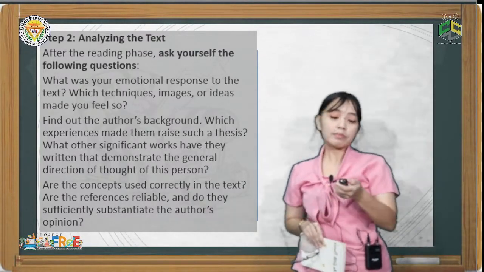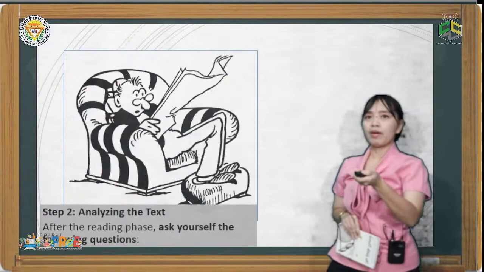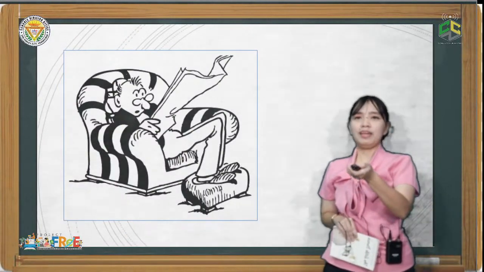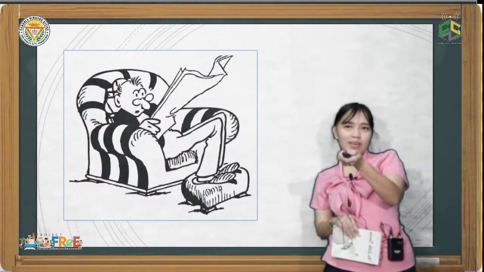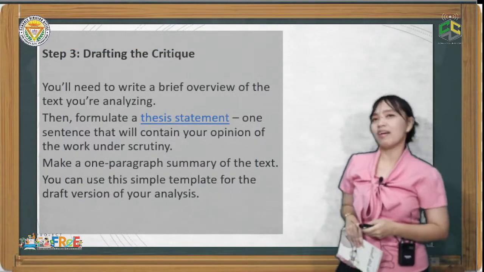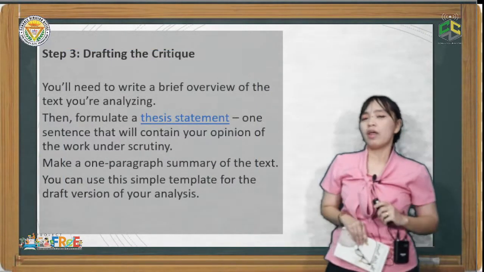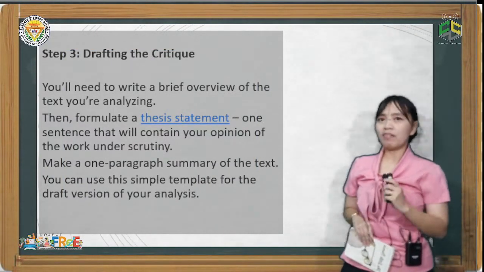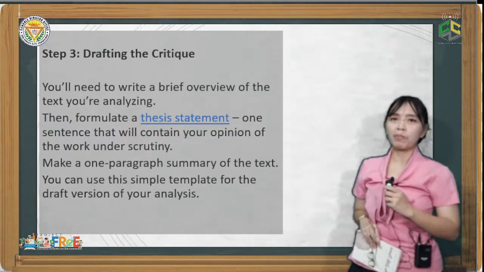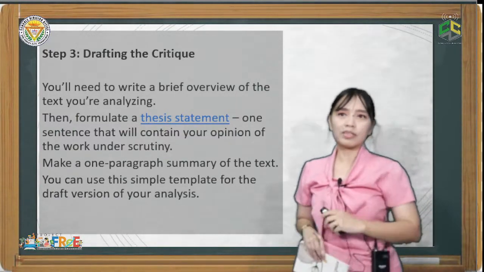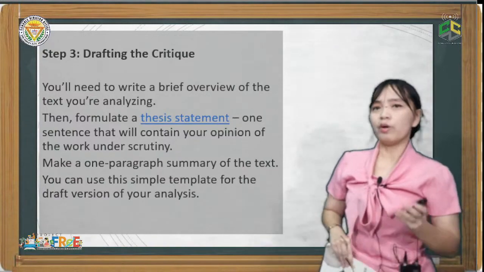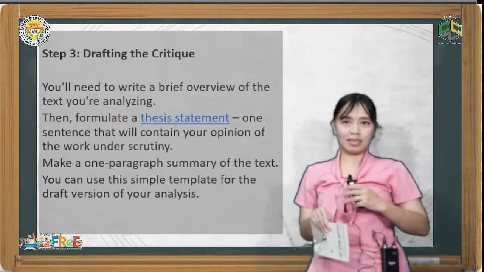All right? And we also have that one again. And of course, we have right here, drafting the critique. So drafting means you're going to write a brief overview of the text that you are analyzing. You're going to formulate the thesis statement, okay.